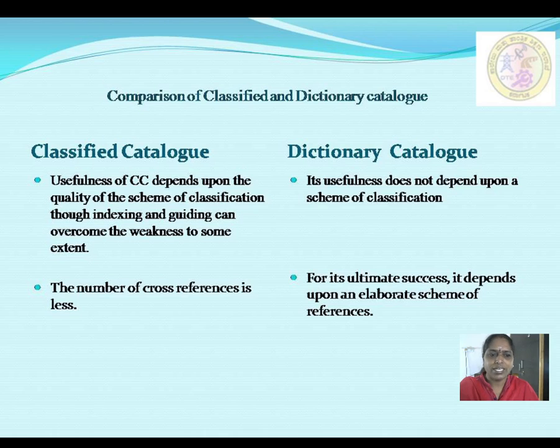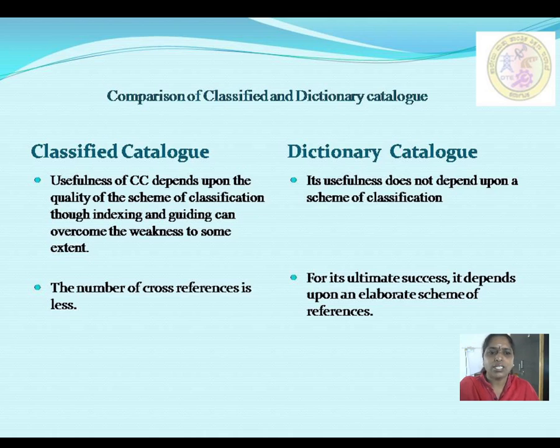Though the subject indexing can guide the other entries, it is very important for the classification scheme to be followed in the classified catalog. The scheme we follow in the library should individualize the subject, and each subject should be given a specific number to make this classified catalog a success. So the classified catalog depends on the scheme of classification.